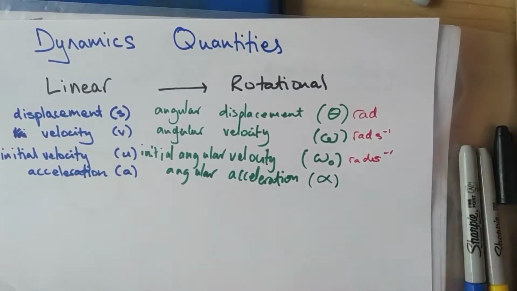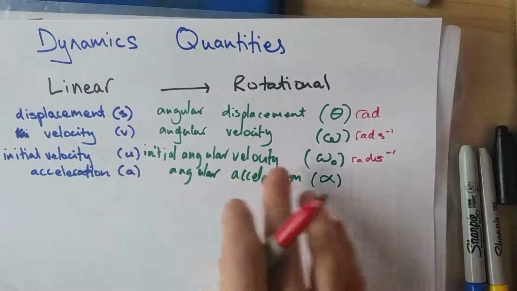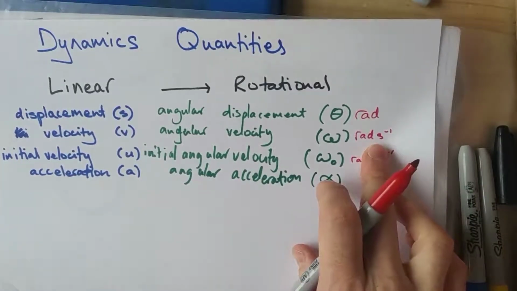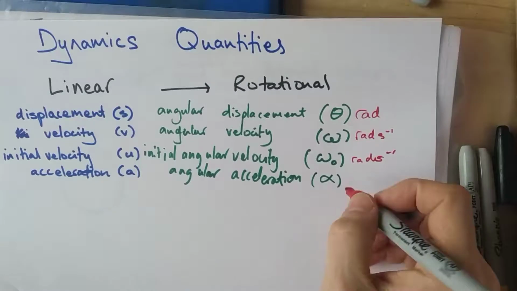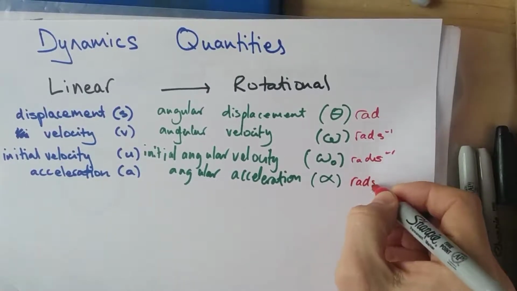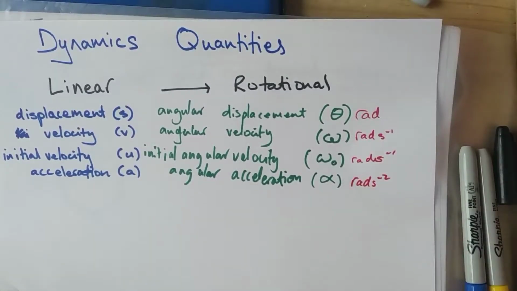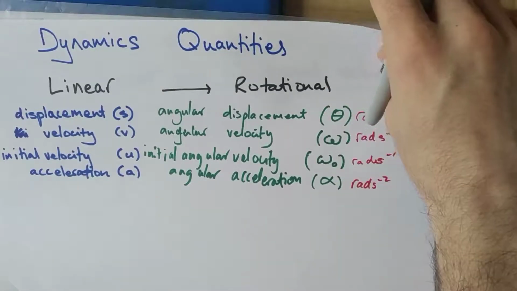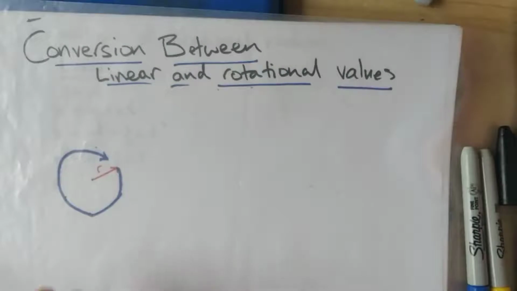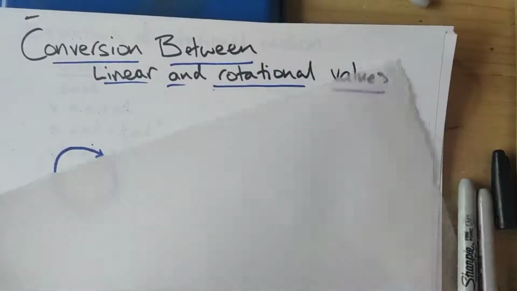And again, if angular velocity is in radians per second, then the rate of change of that is in radians per second squared. Okay, so we've got some new units to use. They'll become familiar to you through use. Basically, you'll get them.